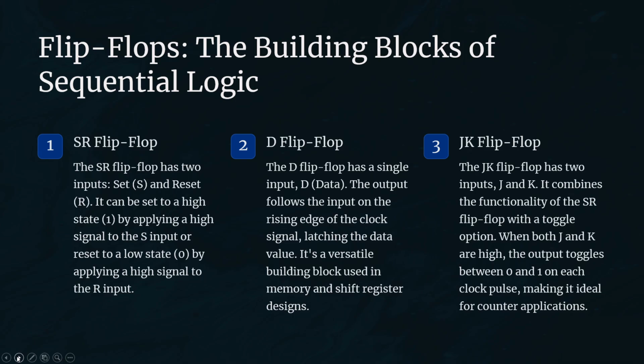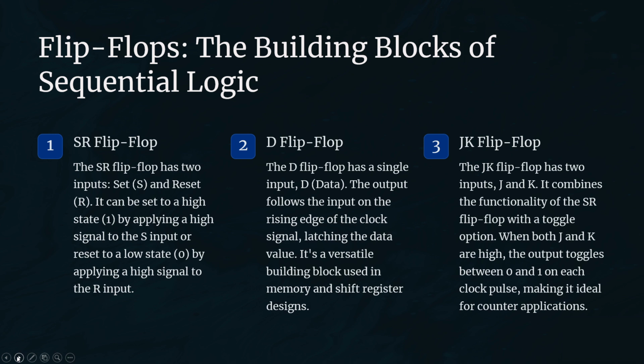Flip-flops, the building blocks of sequential logic. The SR flip-flop has two inputs, set and reset. It can be set to a high state by applying a high signal to the S input, or reset to a low state by applying a high signal to the R input.